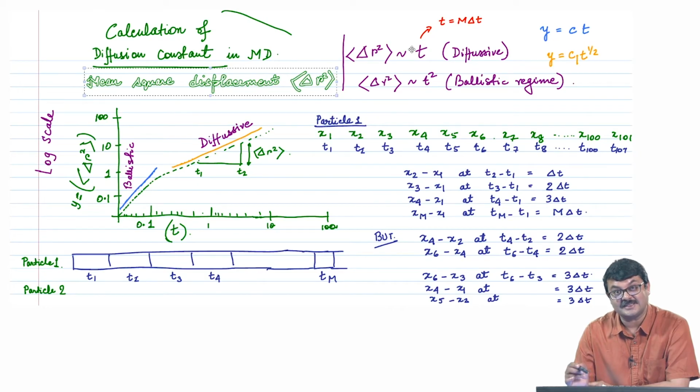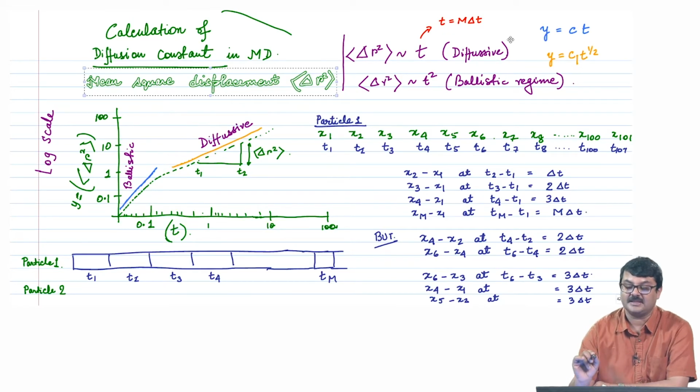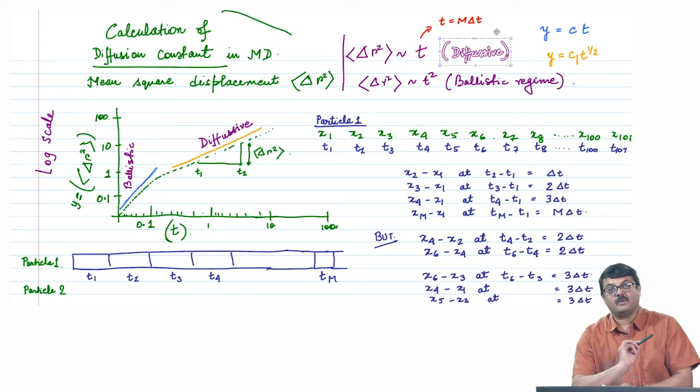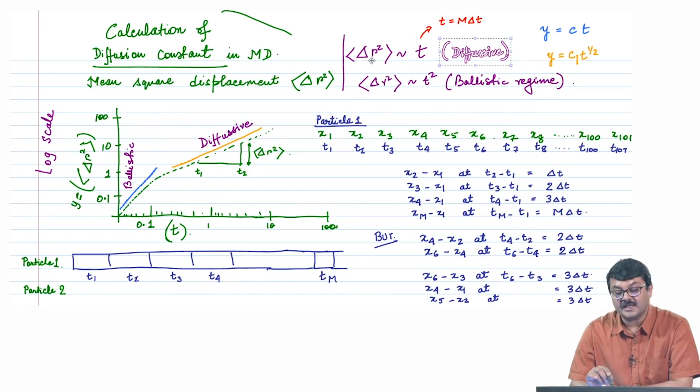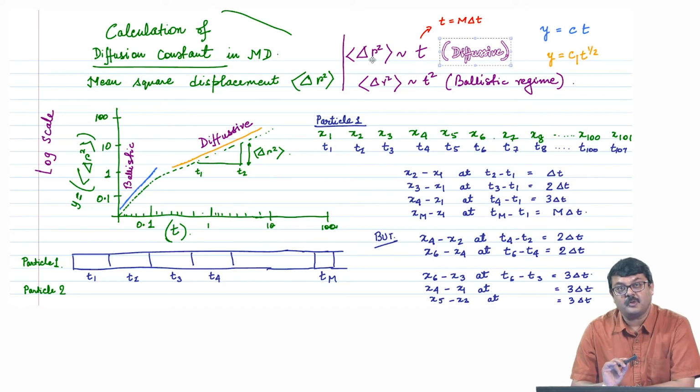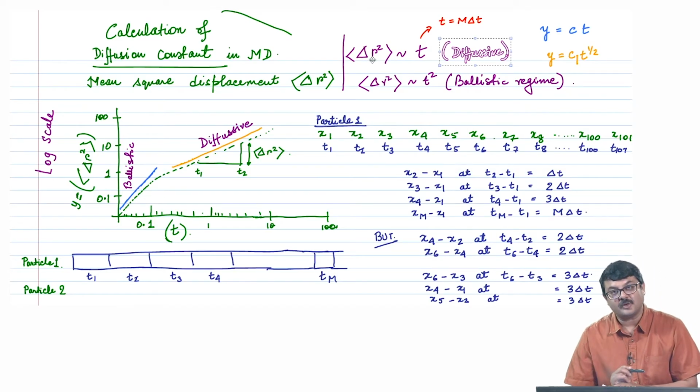So, that changes linearly with time, and the proportionality constant is 6D essentially in the diffusive case, right. Now, if you manage to calculate delta r square average, and we will discuss how we will do that averaging, from extremely small times. What does extremely small times mean?